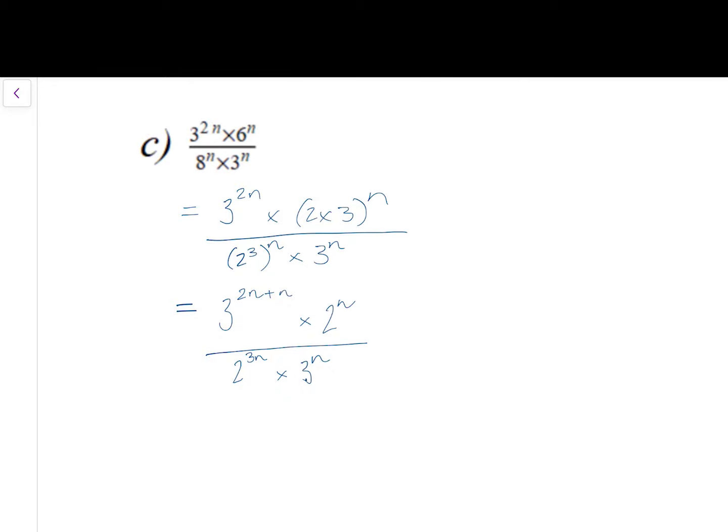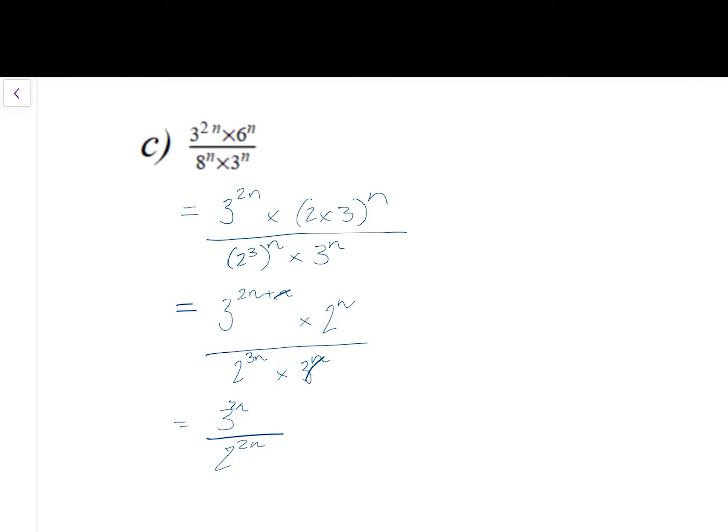So this and this cancel out, and what we're left with is 3 to the power of 2n over 2 to the power of 2n.